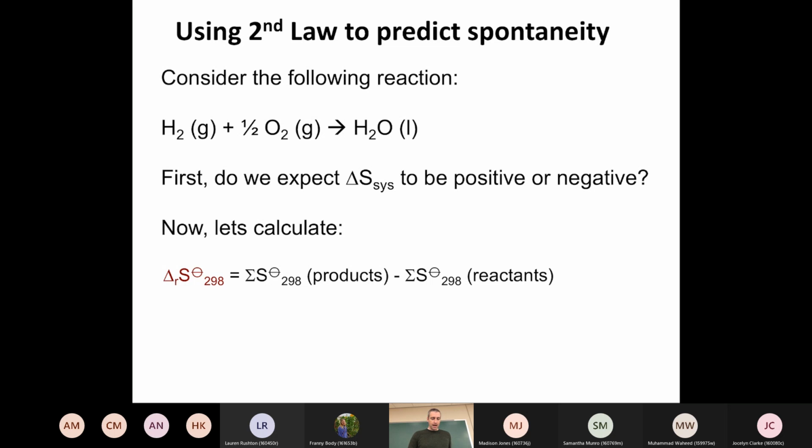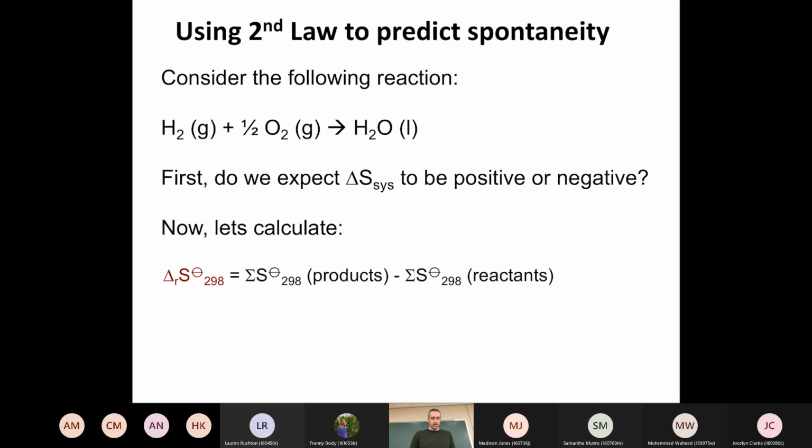So let's look at a reaction. Here we have hydrogen gas plus half a mole of oxygen gas goes to liquid water. First question: do we expect delta S of the system to be positive or negative? And this is not looking up any numbers or doing any calculations. This is strictly just looking at this balanced equation. To answer this, we have to count the moles of gas.